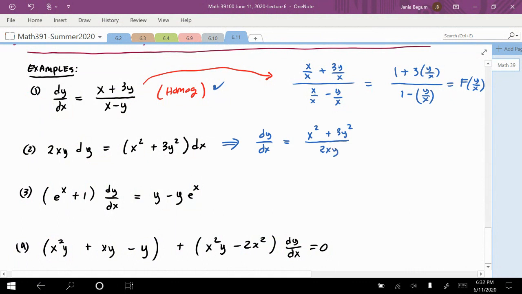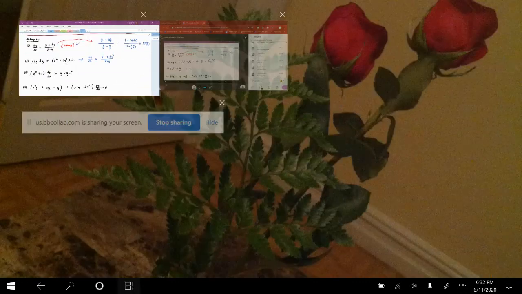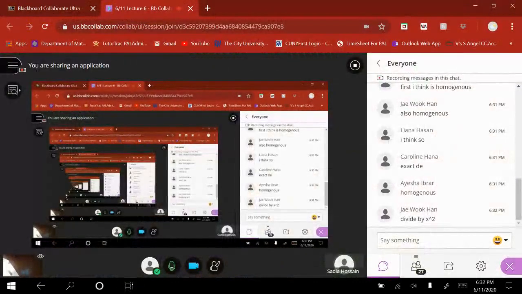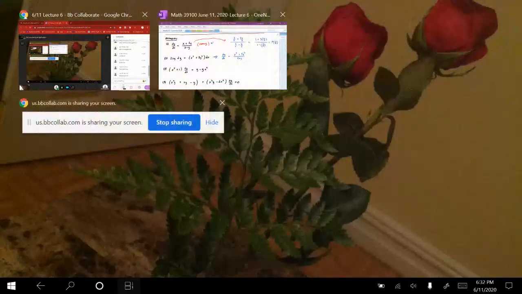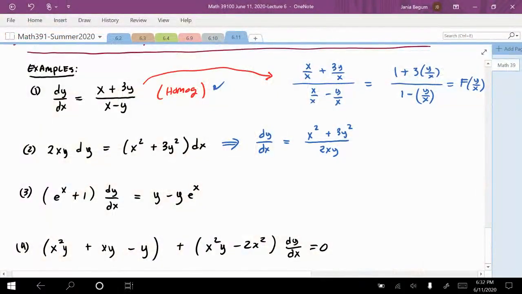So I can rewrite it this way, right? So what do you guys think? What can I do from here? Right, so I can divide by x squared, or I can simplify before I do that. So check this out. Because I only have one term on the bottom, I can separate the fractions on top.